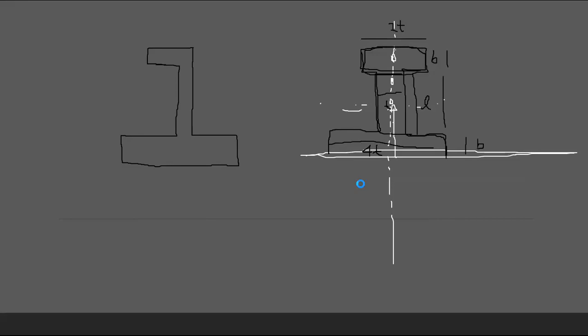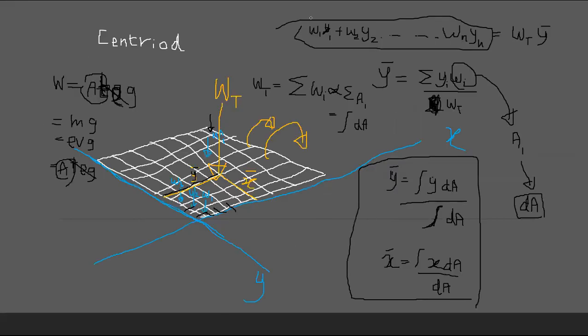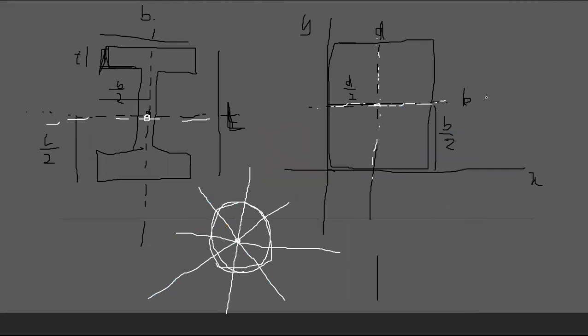So again the theorem: the moment of each segment is exactly equal to the moment of the total area at the centroid, about any axis, right?